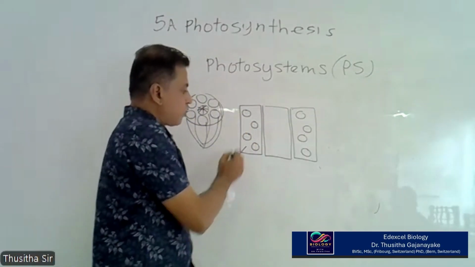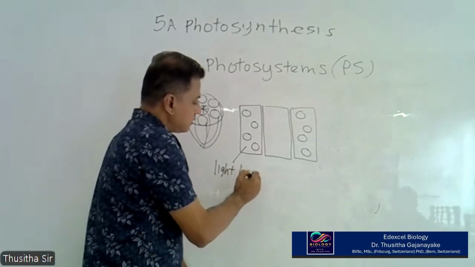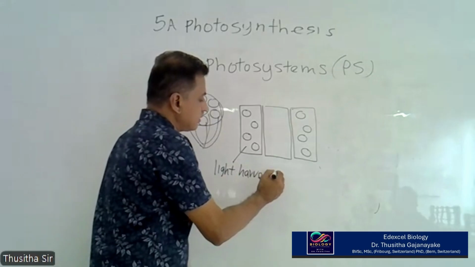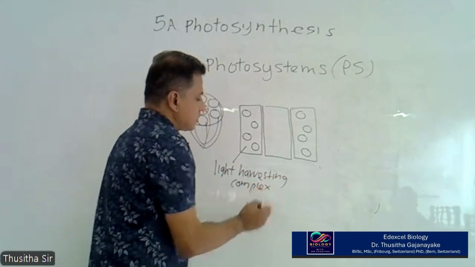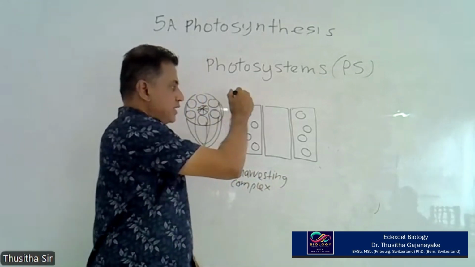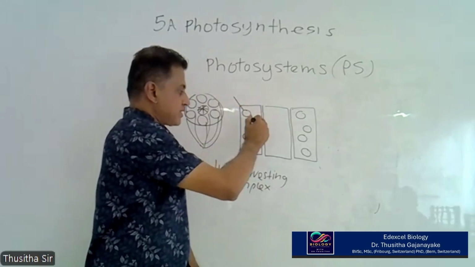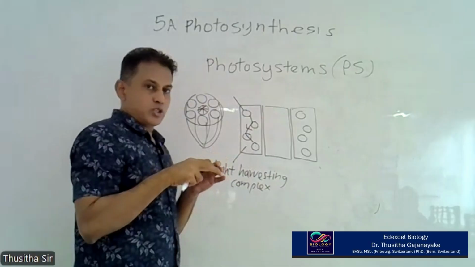So we can call these complexes the light harvesting complex. I mentioned that when there is excessive light, it can transfer here and transfer like this. It can move to different pigments, so it will not cause damage.